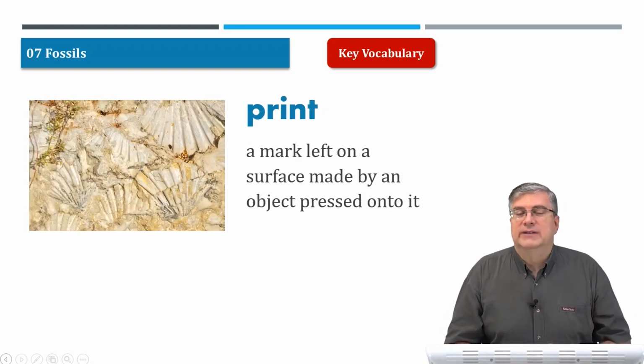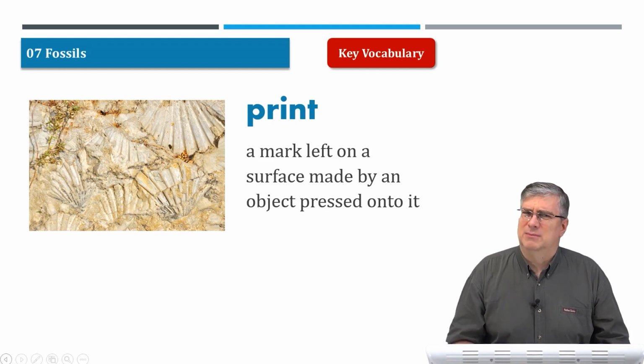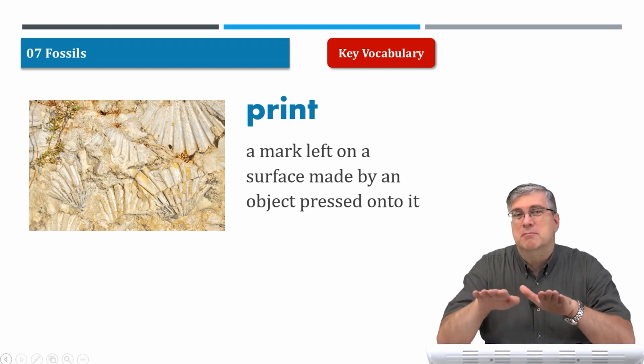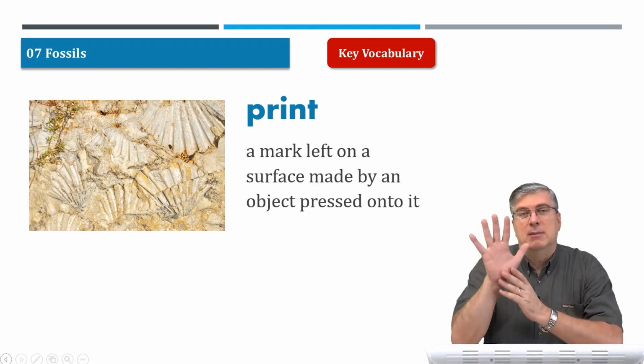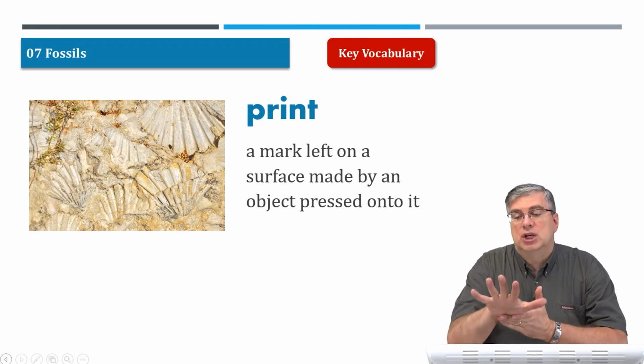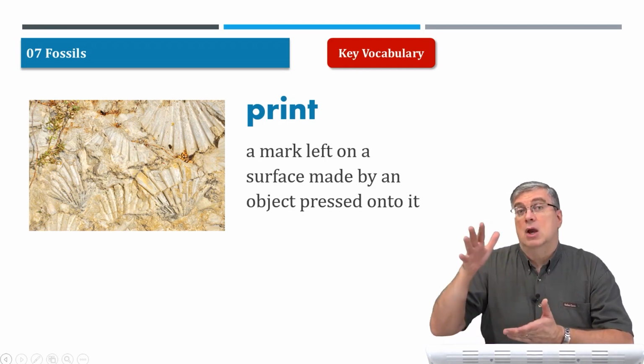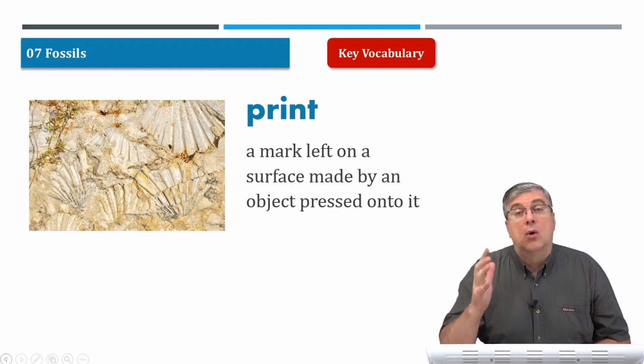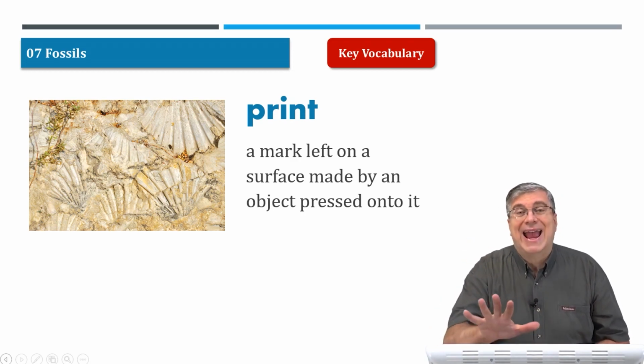Print. A print is a mark left on a surface made by an object pressed into it. What does that mean? Well, think about ground that's soft. It's like mud, right? And let's say I take my hand and I push it into the mud and I let go. What do I see? I see an outline or a print of my hand.